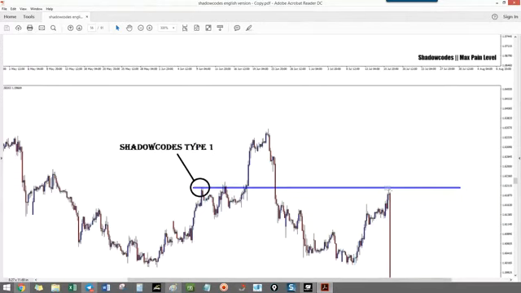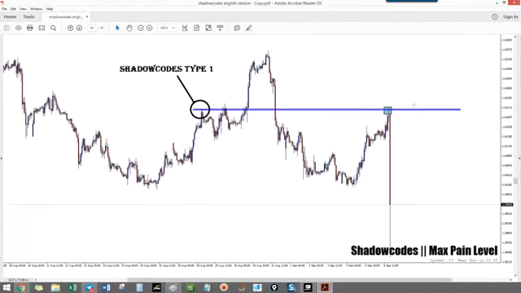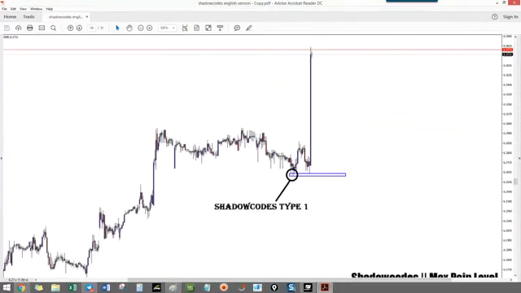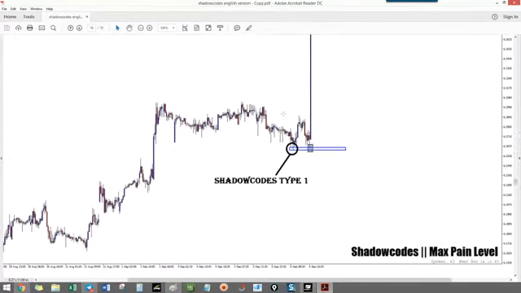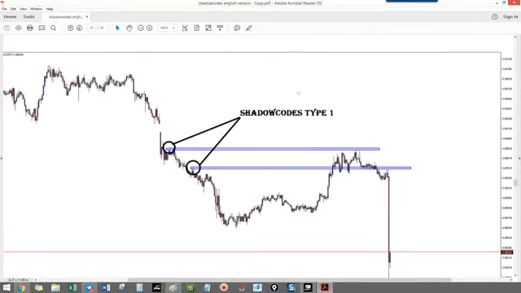So this is during the news, Shadowcode type 1. And then you get an entry there, 1 pip, and then it drops down. Okay, this one is about 100 pips. And this one, Shadowcode type 1 over here, and then you get an entry there, up. This is during the news.